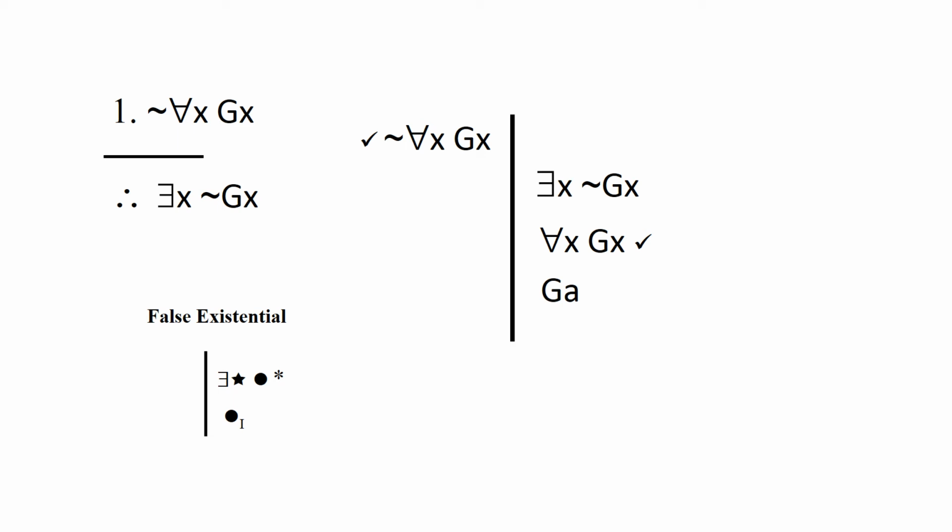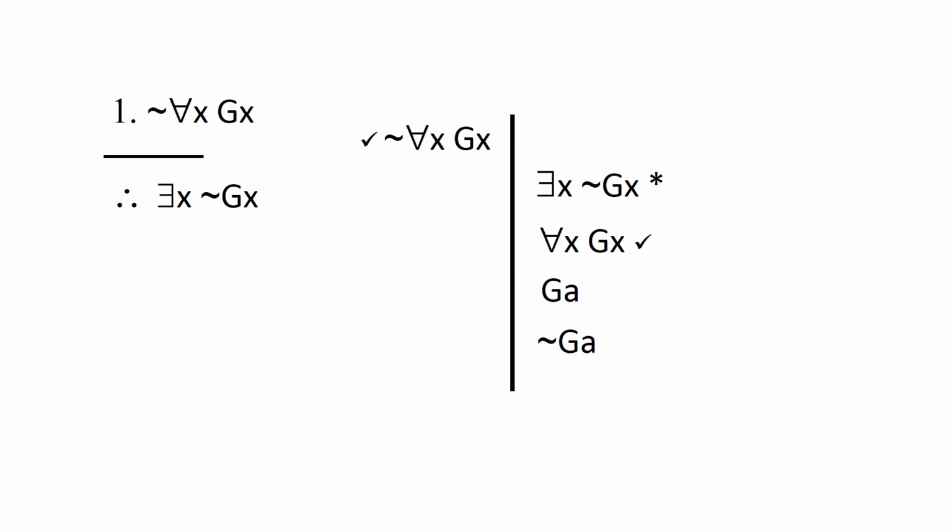Now in this tree, we have one name letter so far. That's A. So we're going to build just one instance of that false existential using A. So if existential x tilde Gx is false, then in particular tilde GA is false. And you put a little star by that false existential, meaning you could go back and get more instances if you want more instances.